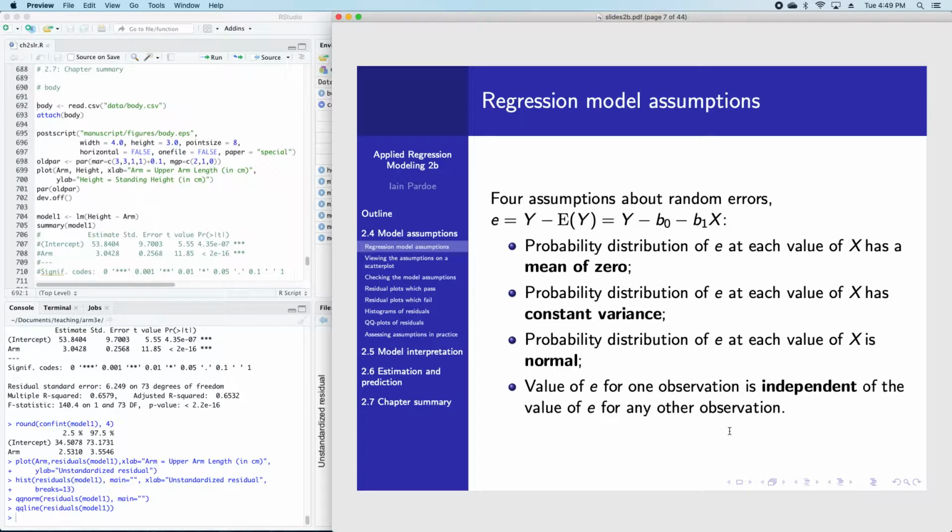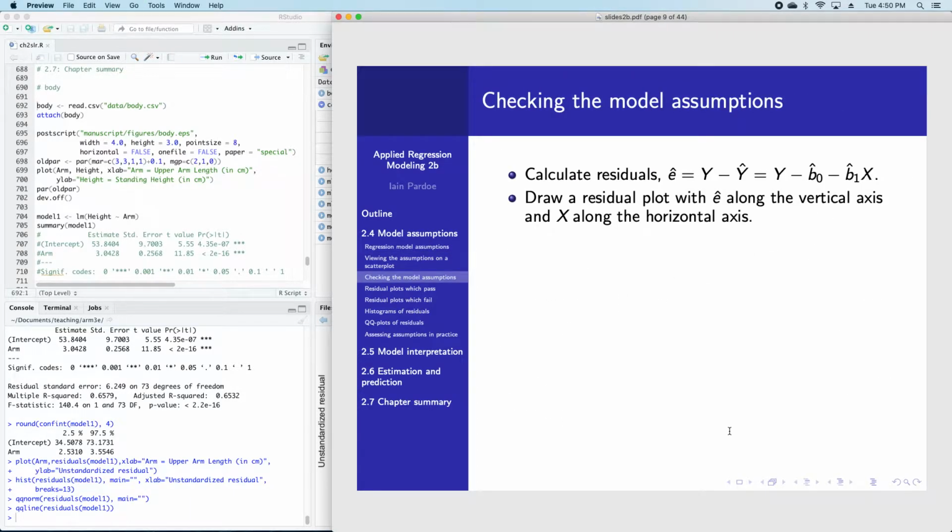The idea here is that we would like to be able to assess the validity of those assumptions for any particular model fit to some data. The way we do that is to calculate the estimated errors, which are also known as residuals. These are given by this notation here. E hat is the residual, and it's equal to the observed value of y minus the fitted value of y.